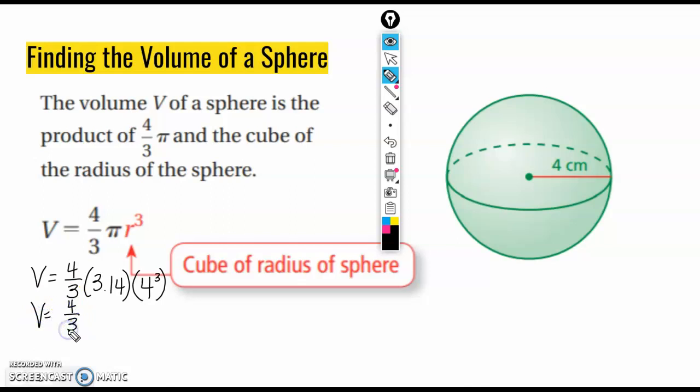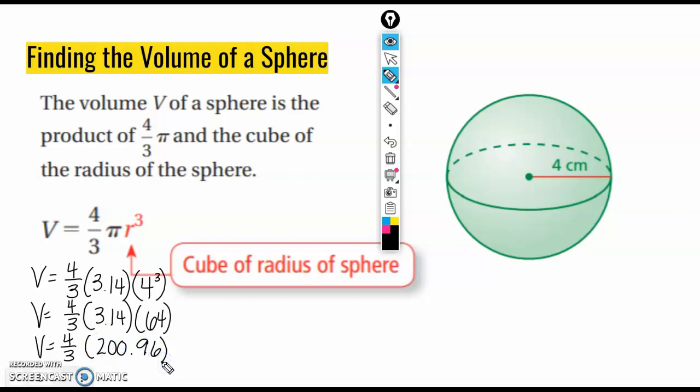Using order of operations, we will cube 4 first. 4 times 4 times 4 gives us 64.